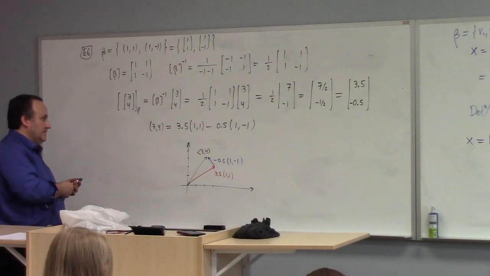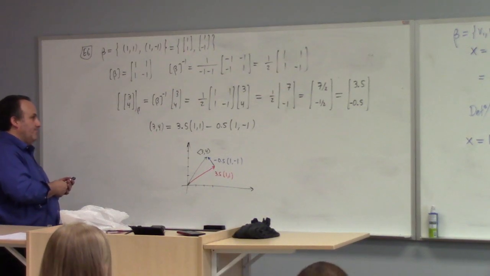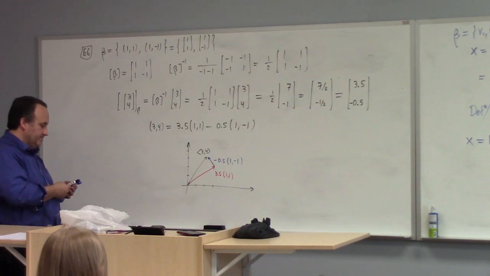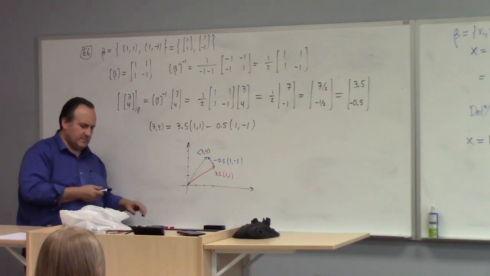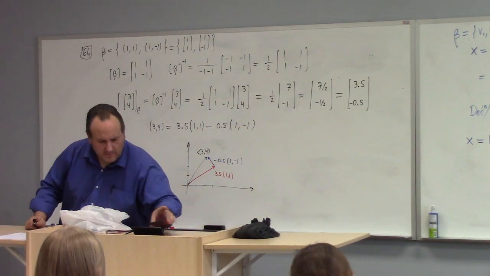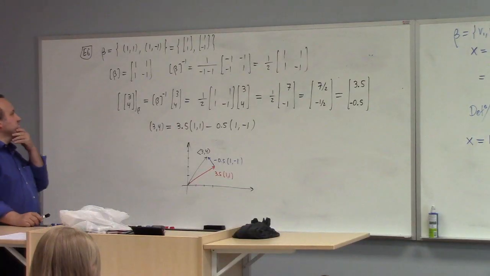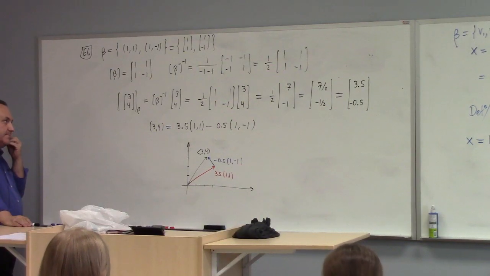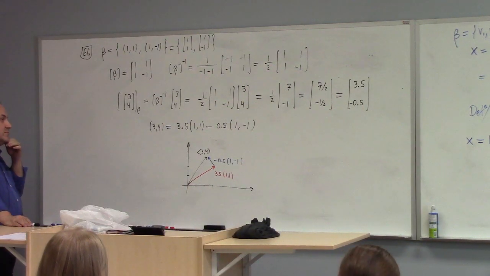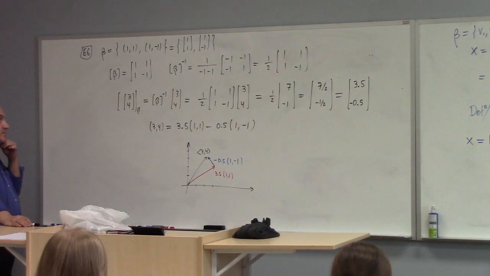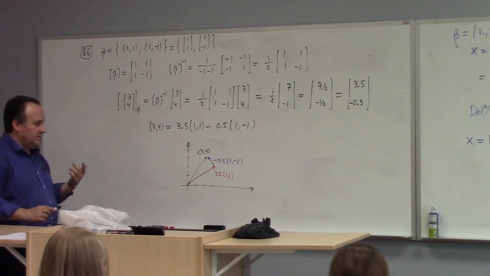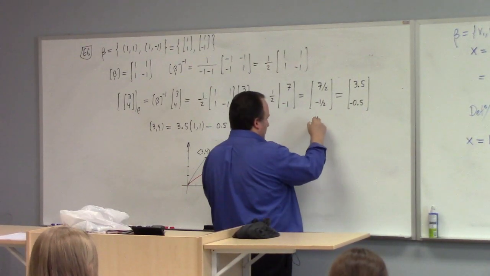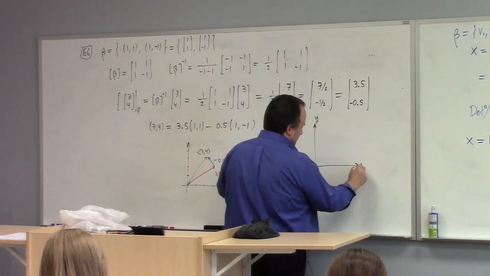Let's see here. I'm trying to think of notation I want to introduce for you guys. So suppose I guess I could draw a picture something like, here's y, here's x, right?